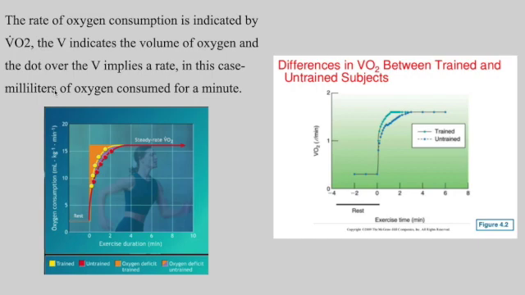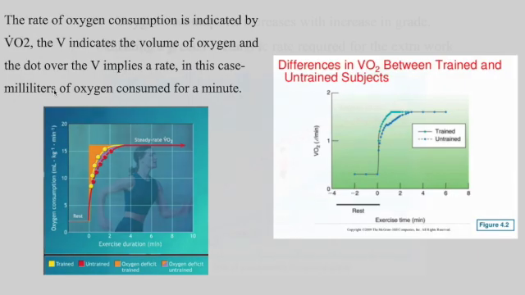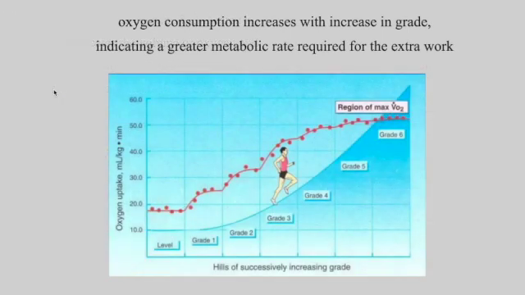Oxygen consumption is measured at the end of each stage and plotted against workload, and the PNOE captures that all automatically. As you can see here, the oxygen consumption increases by increasing the grade; by each grade it goes up.